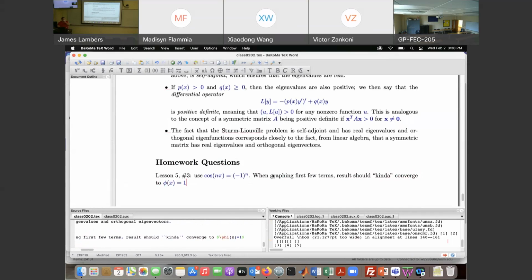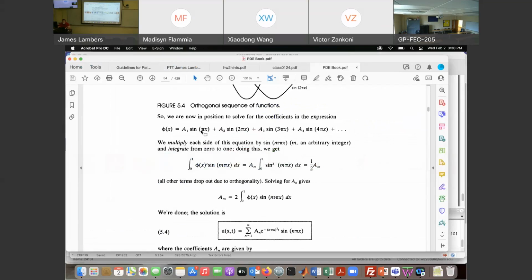Now, the reason why it won't truly converge is if you have a sum of this kind, can you tell me what would happen to this expression? Regardless of the values of these a's here, if you plug in x equals 0 or x equals 1, what would you get?